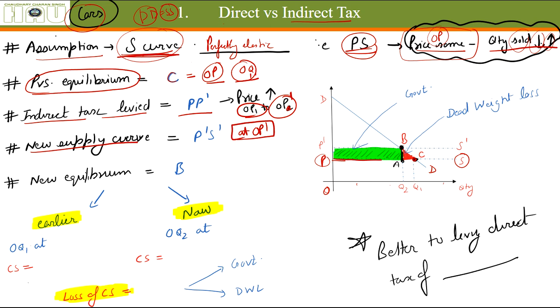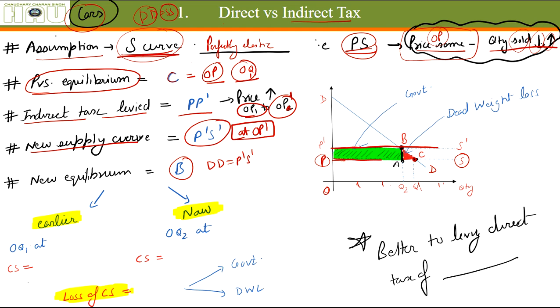People can buy any quantity of cars, from this to this to this. It is a perfectly elastic supply curve at P dash. This is the new supply curve. So the new equilibrium, according to the old demand and new supply, will be at B, where the demand curve and supply curve are equal.